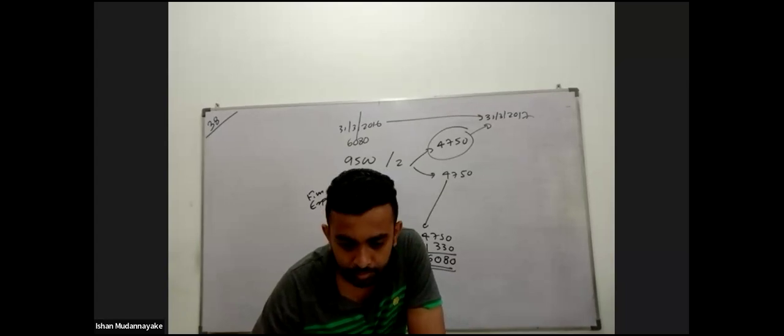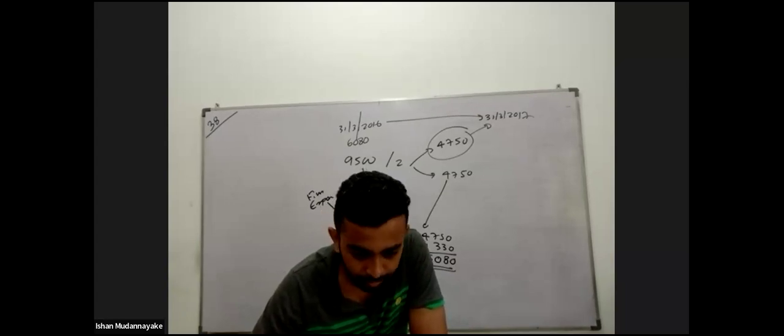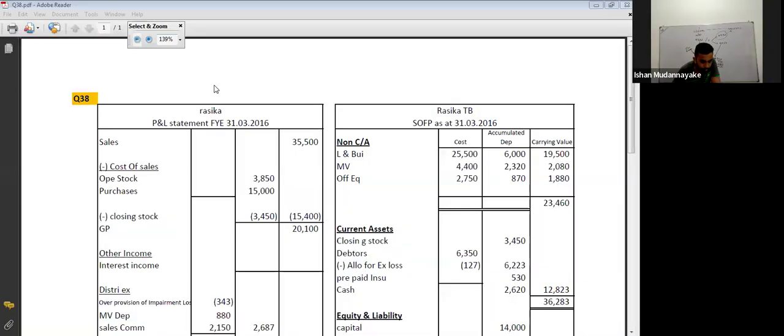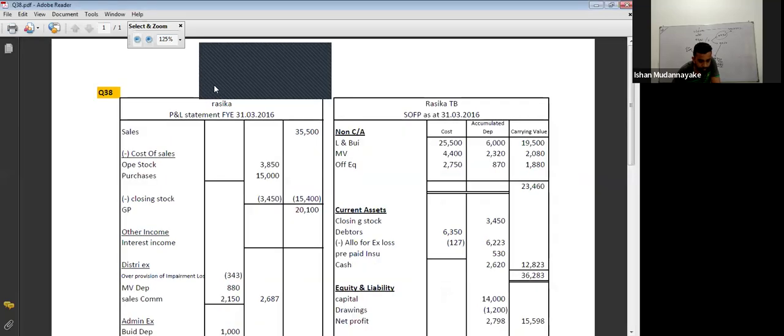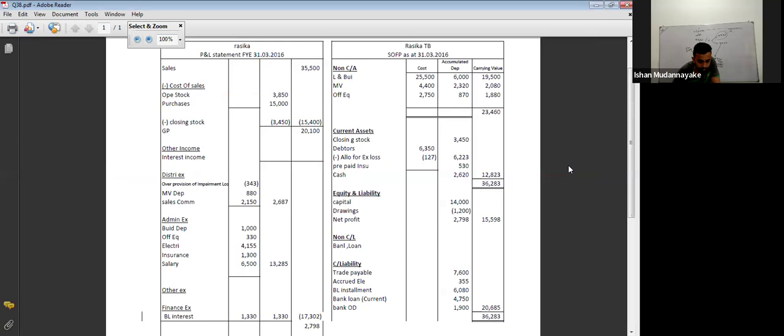Abhishek done. Sitma done. Manadu finish. Malidu finish. Right.